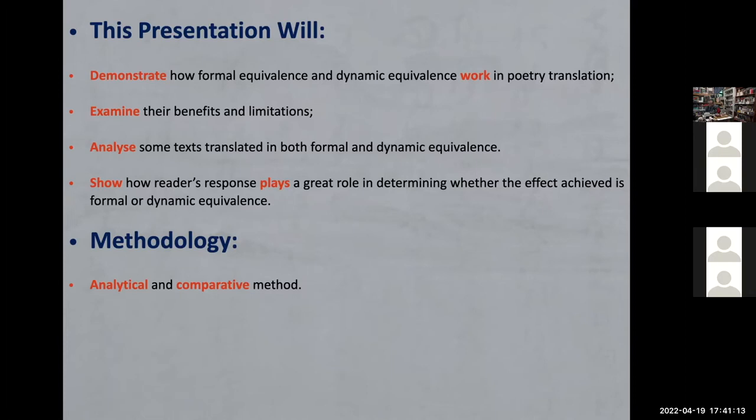The methodology will be analytical and comparative. This is the poem, Jing Ye Si. Of course, it's a very famous poem. You all know it by heart. This is the poem we are going to discuss and try to analyze today.